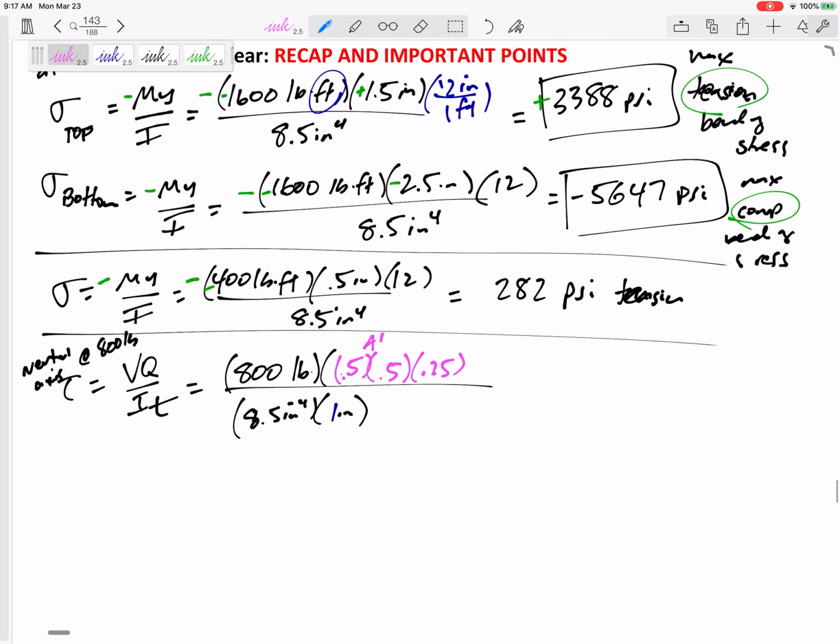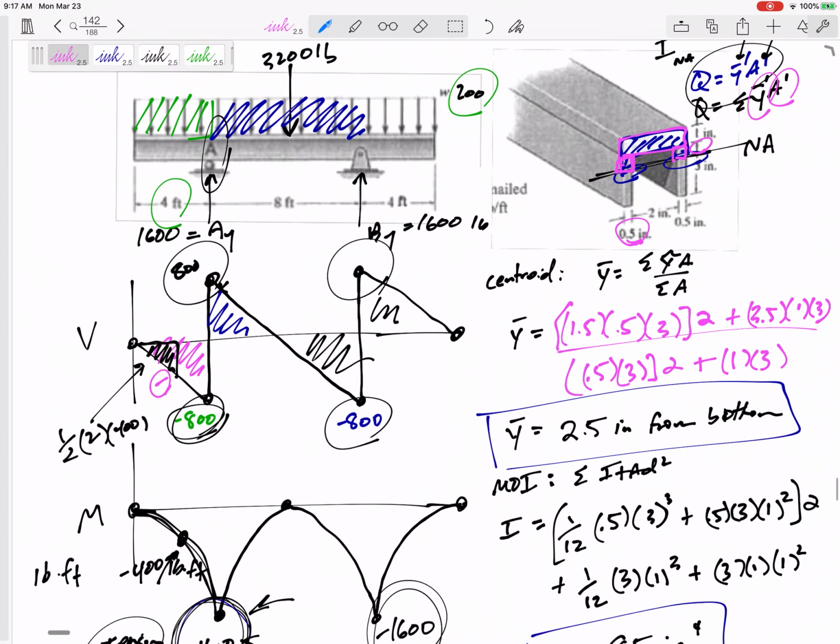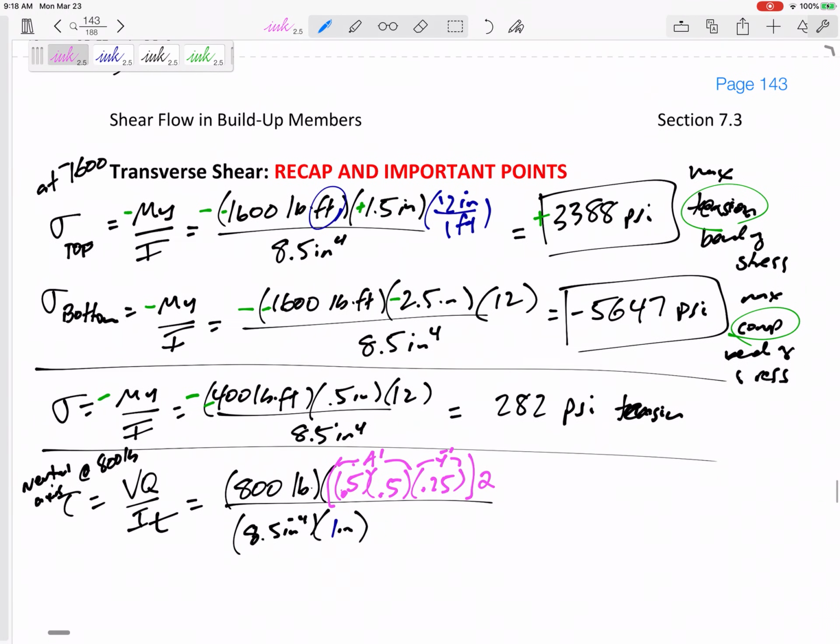Sorry, this is the A prime right here. This is the y bar prime right here. 0.5 by 0.5, and then the y bar prime is 0.25. And do you see that the other rectangle on the other side would be exactly the same? All right, so that's the y bar prime, A prime for those rectangles.